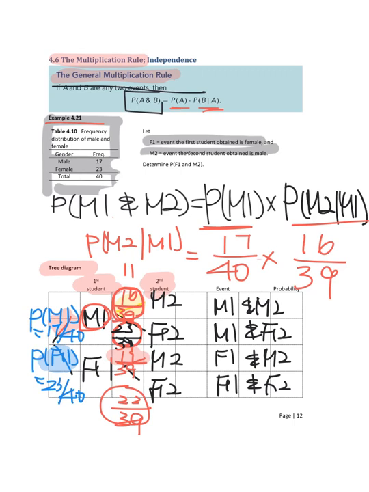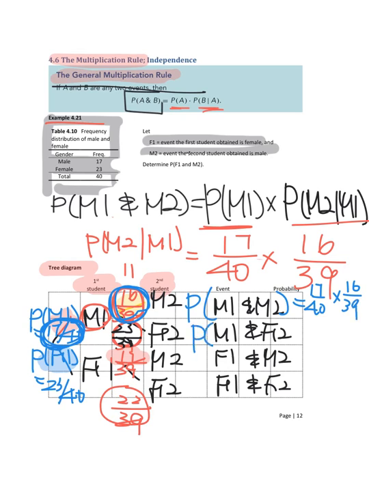And then finally, we can take the joint probability. We just follow the tree. The very first one is 17 out of 40 times the conditional probability, 16 out of 39.